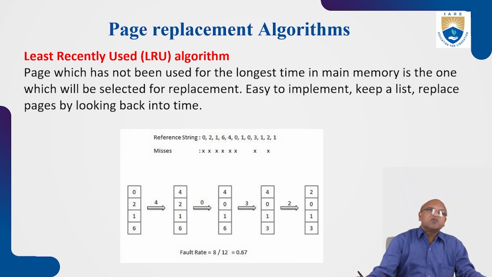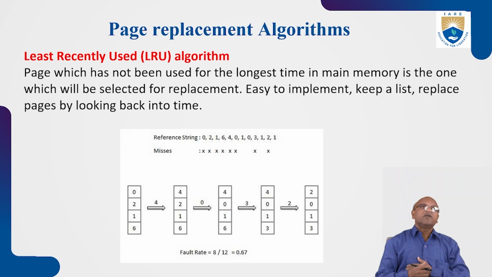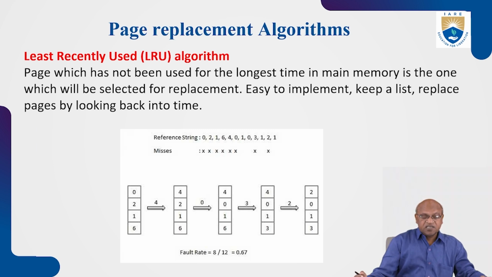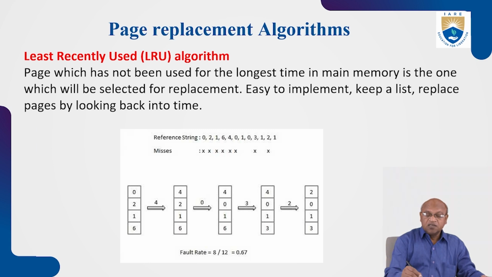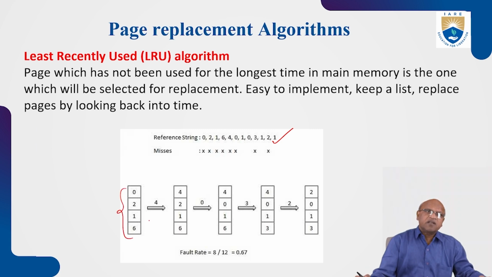The page that has not been used for the longest time in memory is the one selected for replacement. As in the example, the page reference string is 0 2 1 6 4 0 1 1 0 3 1 2 1, and only 4 frames are available in the RAM.